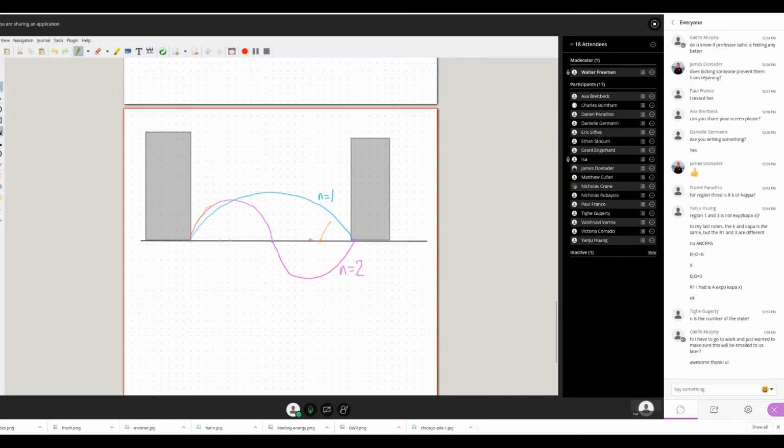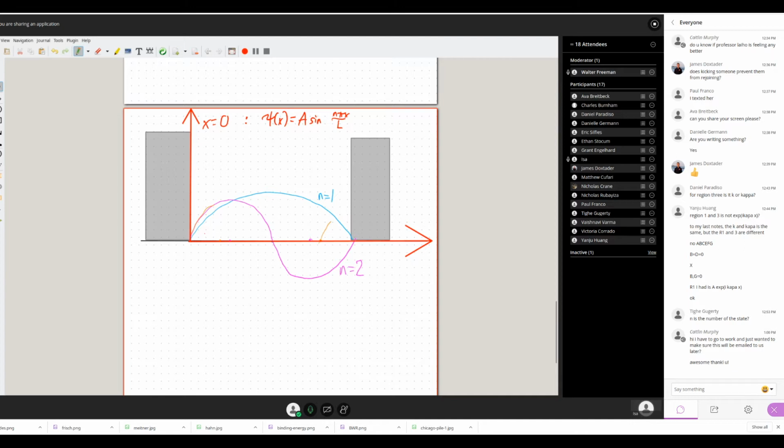We did it where we chose the coordinate system like this and said that this was x equals 0, right? Where psi of x was sine n pi x over L. We argued that they've all got to be sine because cosine is 1 at the origin, and all of these have to go to 0 at the origin, right?